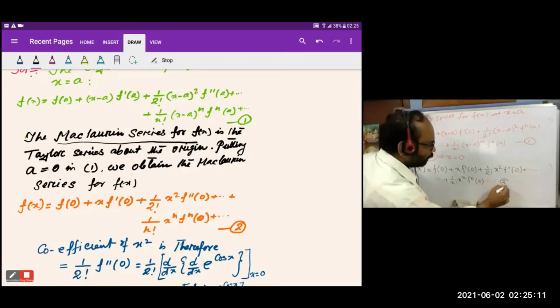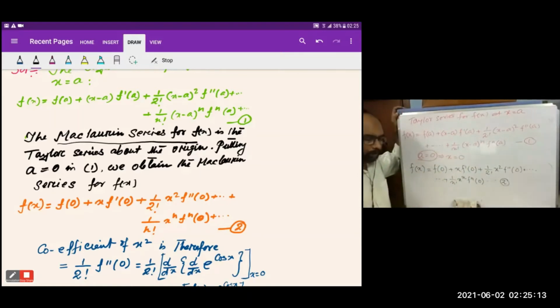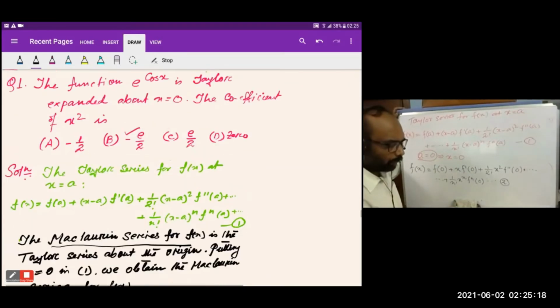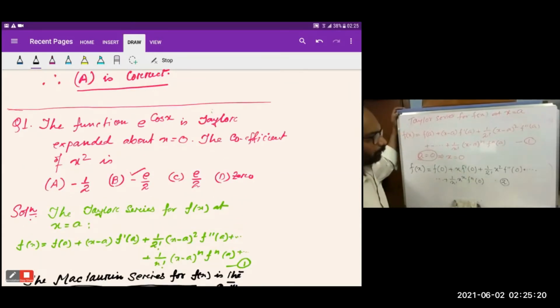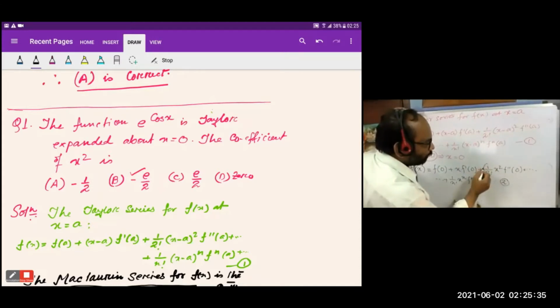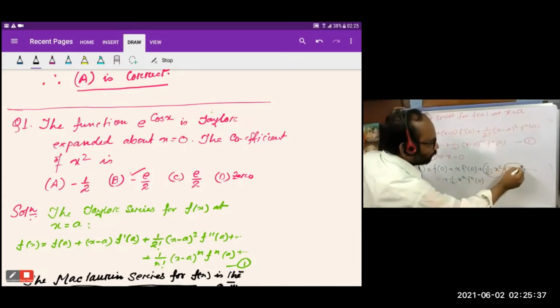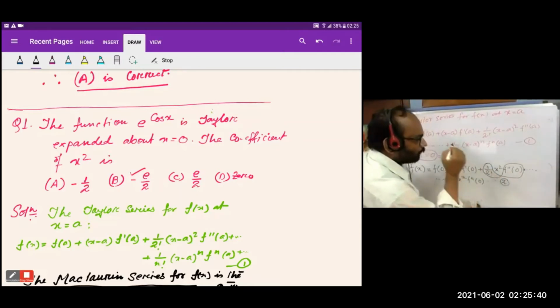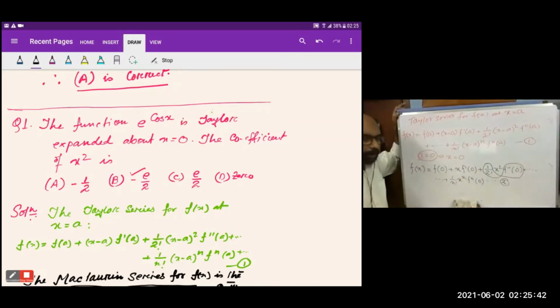So this is my equation 2. What we need to calculate is the coefficient of x square in this Maclaurin series or the Taylor series about the origin, and this one is the coefficient of x square.